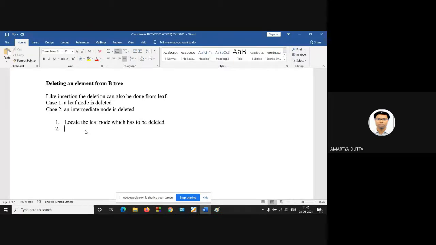If the leaf node contains more than the minimum number of key values, then delete the value.